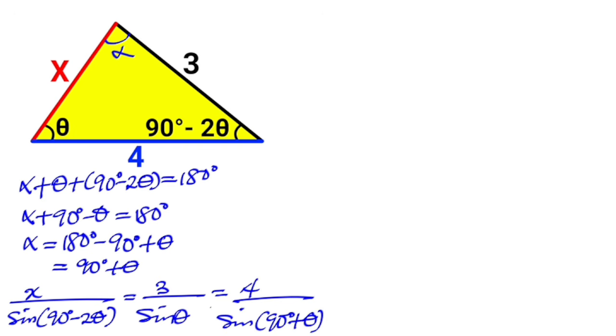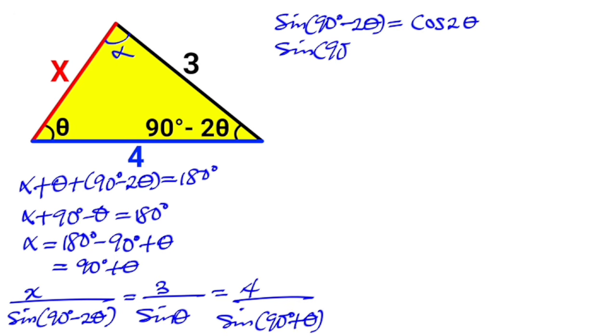Now, let's simplify those trigonometric expressions, using two handy cofunction identities. The sine of 90 degrees minus 2 theta is equal to the cosine of 2 theta. The sine of 90 degrees plus theta is equal to the cosine of theta.